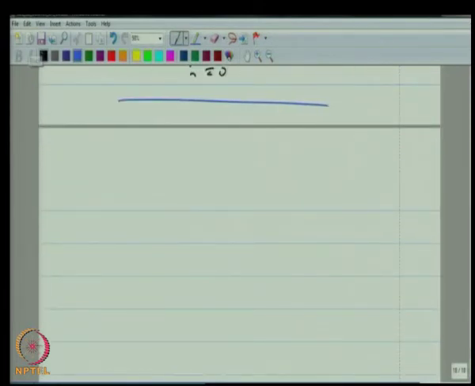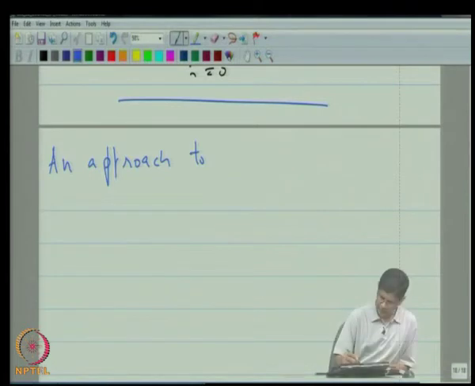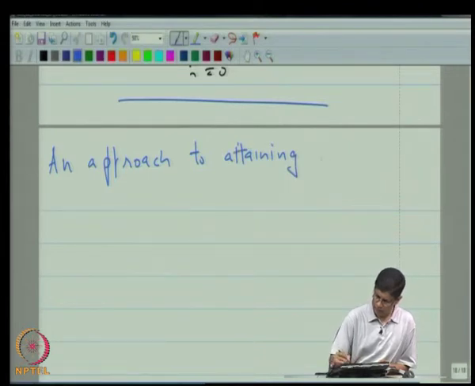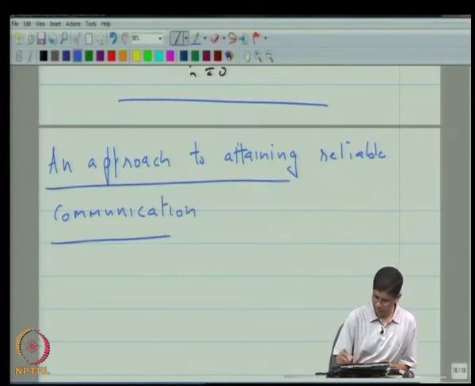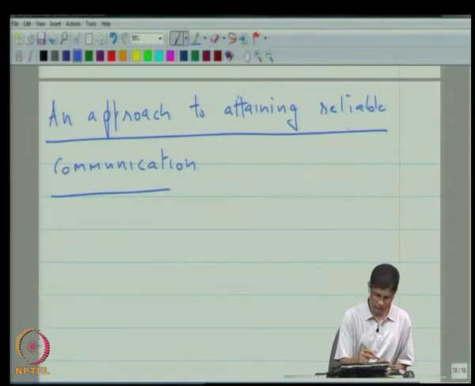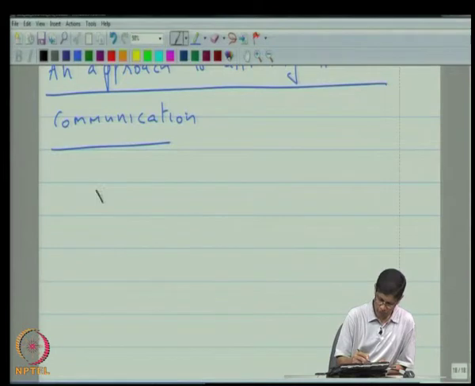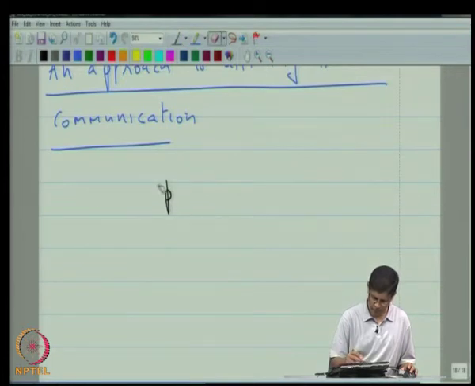So I'll call this an approach to attaining reliable communication. Now this approach has two features.